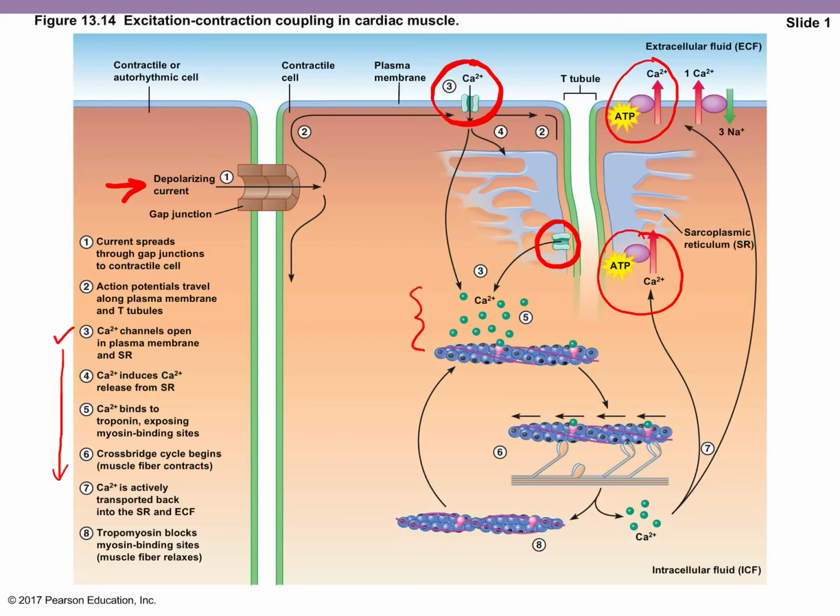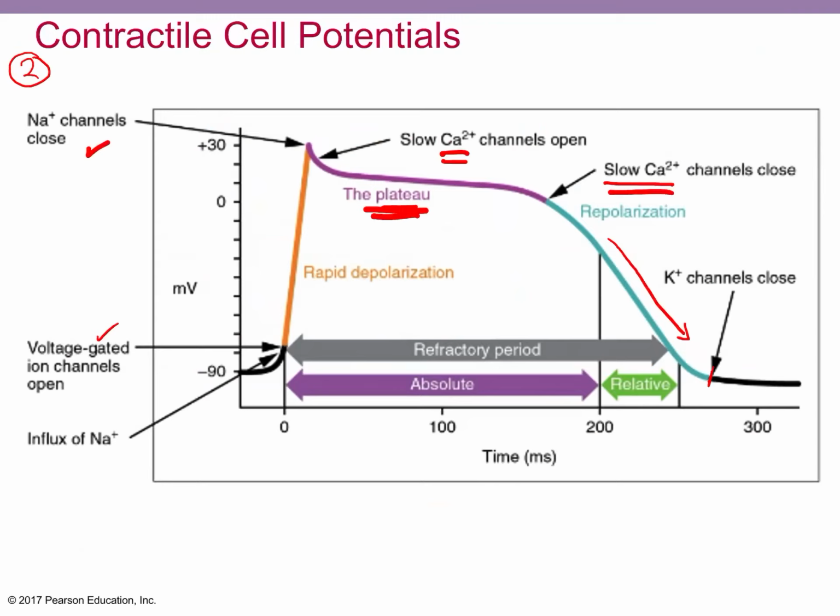And also we have here the calcium getting pumped out of the cell, so we can maintain that concentration gradient in both areas. When calcium is pumped into the sarcoplasmic reticulum or out of the cell, the calcium levels drop, and then we have muscle relaxation, right? Because it's the same mechanism as skeletal muscle. So that's all we need to talk about. So not a whole lot of new information there, hopefully.